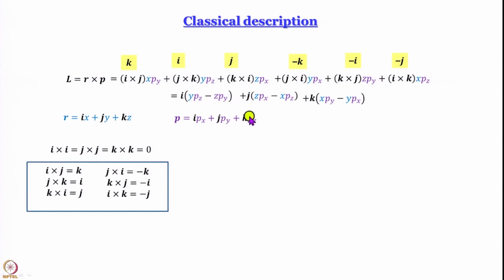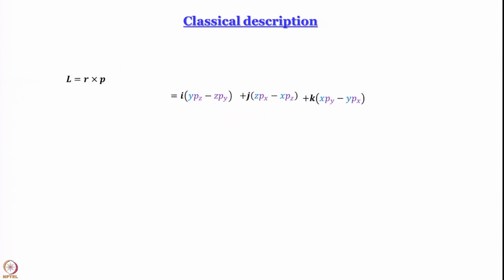That is your x component, right. This is a general way of writing your x, y and z components of angular momentum. Okay. So, let us write that. This is what we have.